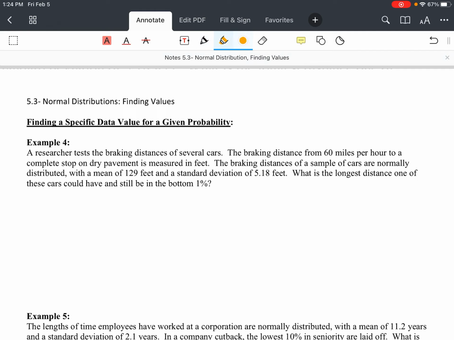So we're using the same test for each of these cars. The braking distance of the sample of cars is normally distributed. So again, there's our keyword. It's normally distributed. The mean is 129 feet and a standard deviation of 5.18 feet.